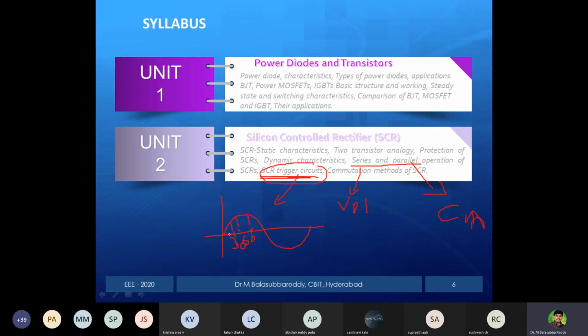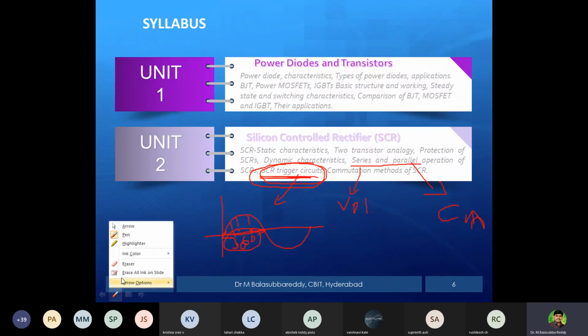So the range is always 0 to 180 degrees. Where the device is going to be fired, we call the firing angle. For that, different types of firing circuits are available. We will see them one by one.